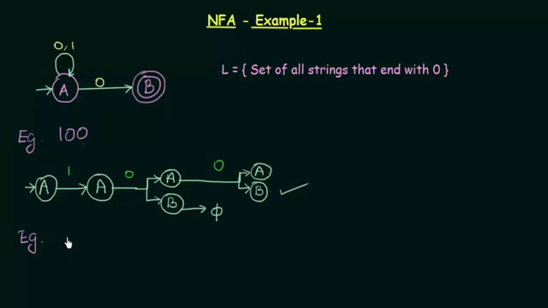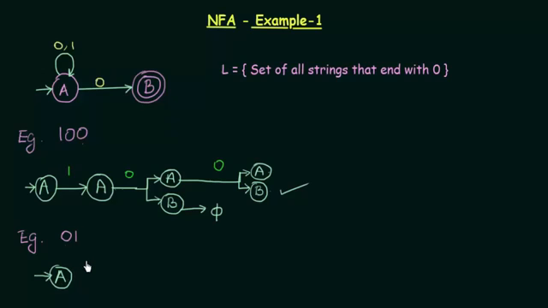In this example, let me try for the string 0, 1. Now, should this string be accepted by this NFA? No. Why? This NFA is supposed to accept only the set of strings that ends with 0. But this string ends with 1. So it should not be accepted. Now, let's see how it behaves. We always start from the starting state, that is state A. And this is my first input, 0.